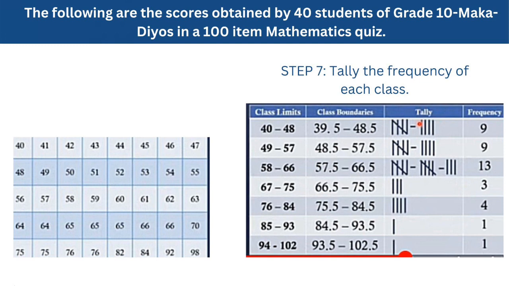For the tally, we dash it off. Then for the frequency, we jot down the number. Just like our second class, 49 to 57, 9 students got that. So we tally it, then the frequency will be the number, and so on and so forth.